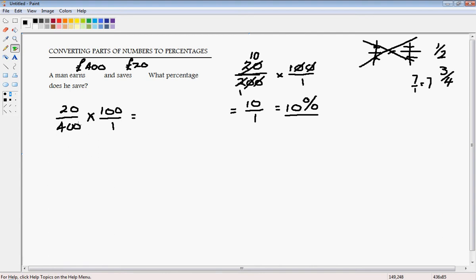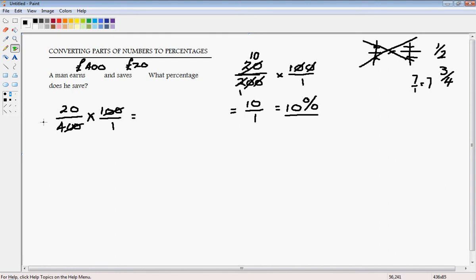Okay, now if we can cancel, then we do cancel, because it saves time. I could multiply straight across, but then cancelling at the end could be a pain. So I take the sting out of the tail by cancelling here if I can. Now again, I have 2 zeros here and 2 zeros here, so I'm cancelling diagonally.